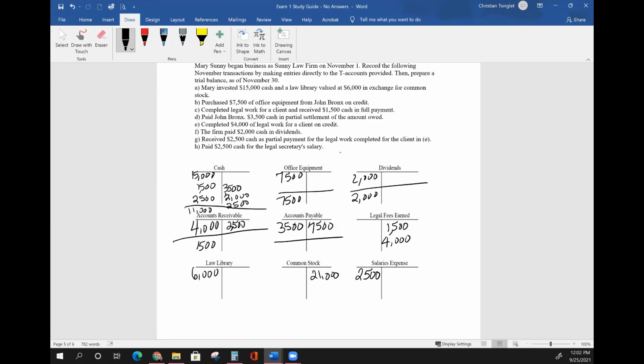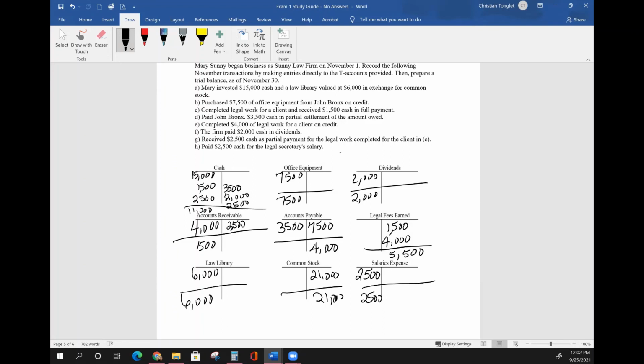I paid 3,500. So now my liability is $4,000 and it's a credit. I have my legal fees credit of 5,500. Law library debit 6,000. Common stock is a credit of 21,000. And my salaries expense is 2,500.